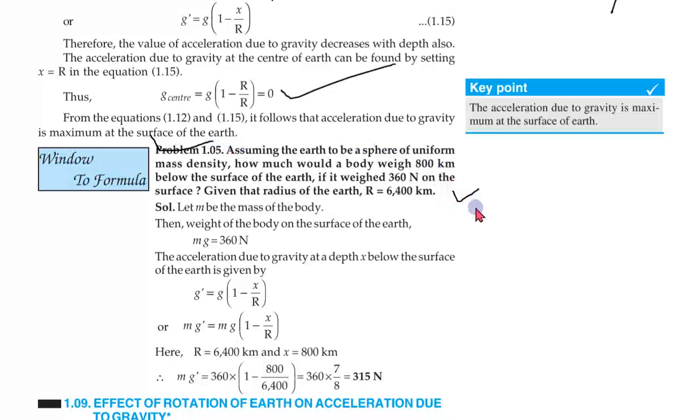The first key point is that the acceleration due to gravity is maximum at the surface of Earth.